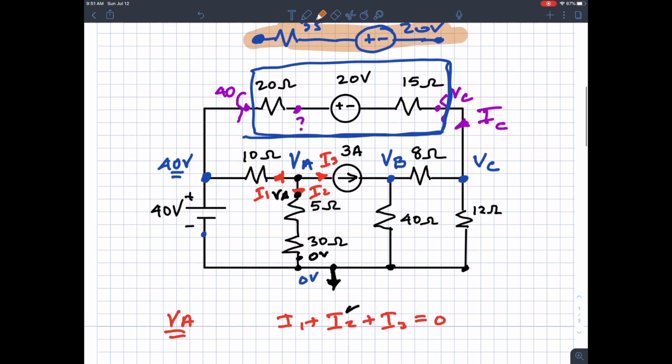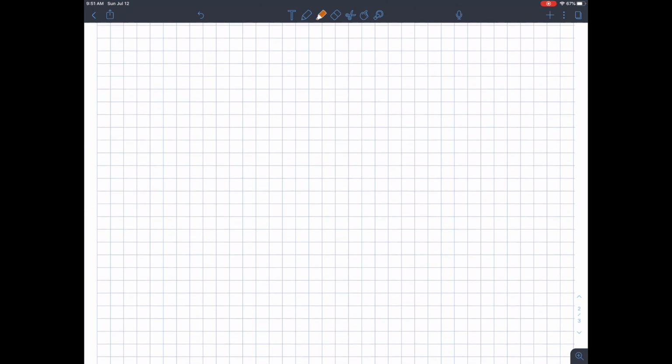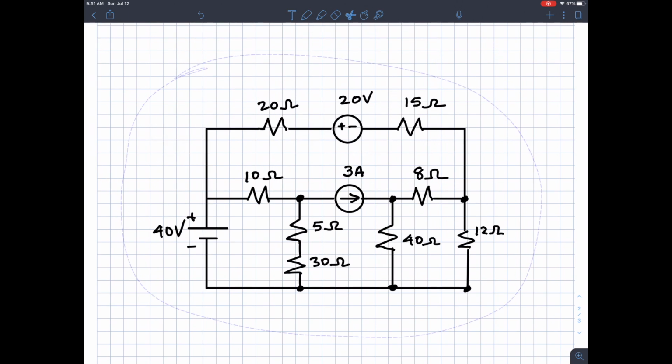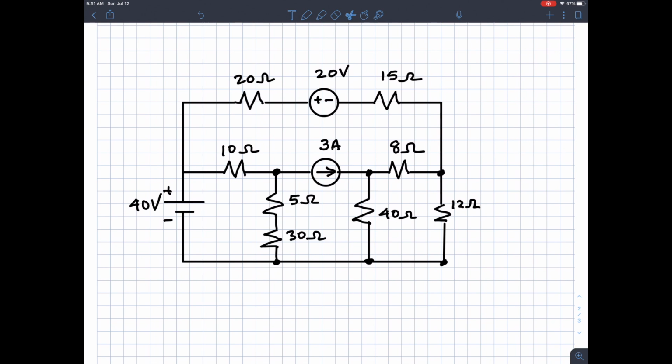I'm going to go ahead and redraw the circuit with equivalent circuits substituted in, and from there I can do the node voltage equations. So here's what I'm talking about. I'm going to erase this and redraw it with this equivalent circuit.